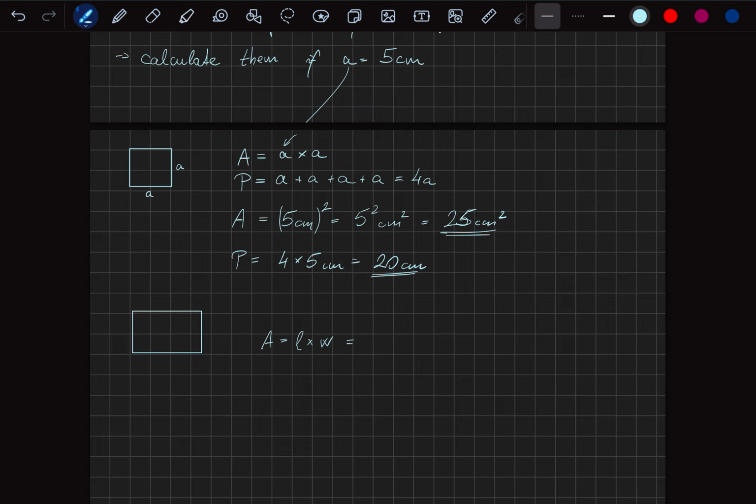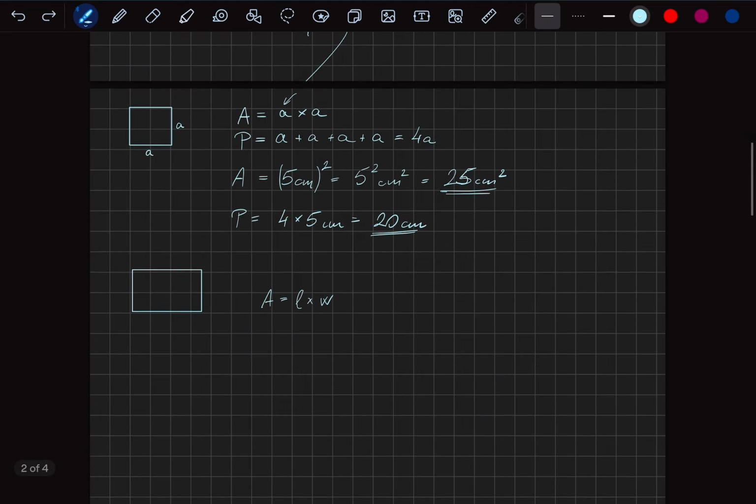We can name the sides as we want. And the perimeter is height plus length plus height plus length, so L plus W plus L plus W. So it's 2 times (L plus W).